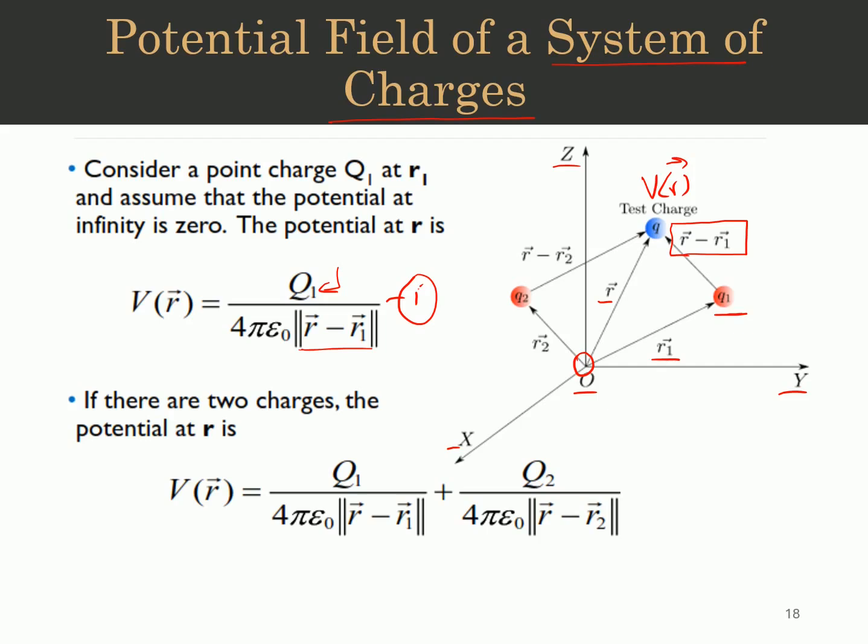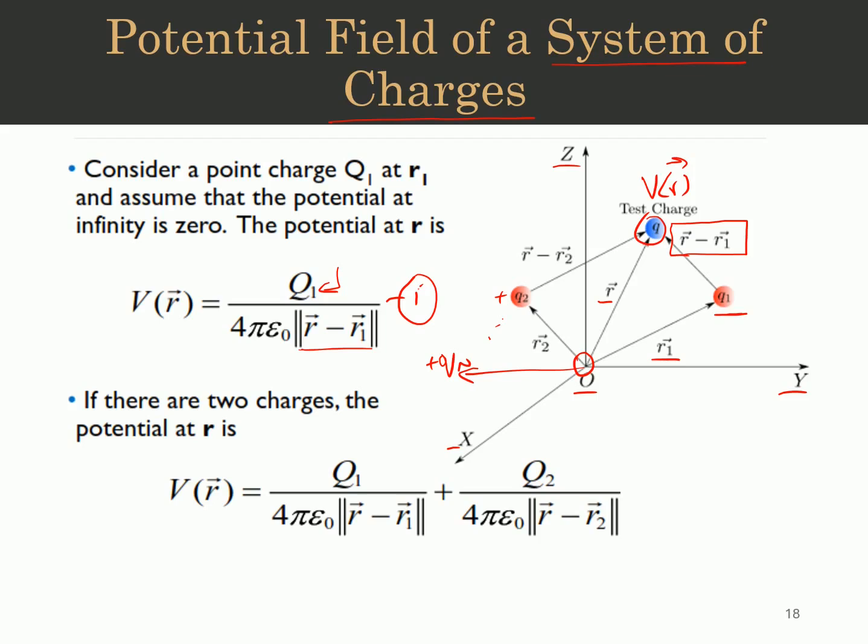But let us say the charges are more than one, because we want to find the system of charges. So in the same situation another charge plus q2 could be introduced into the system. We can also have another charge, let's say plus qn. So we have more than one charge introduced around this test charge Q. Then what is going to be the potential due to these multiple charges, or system of charges?